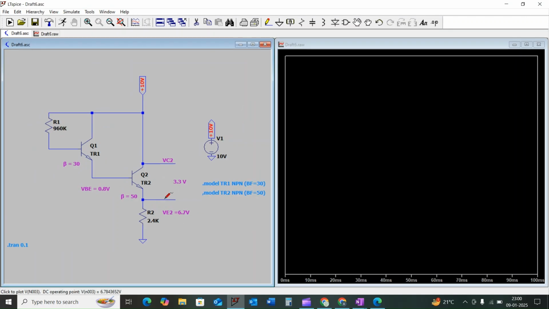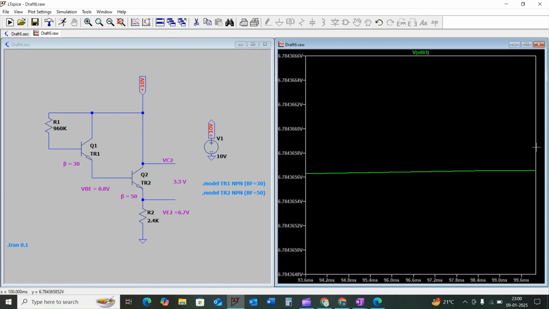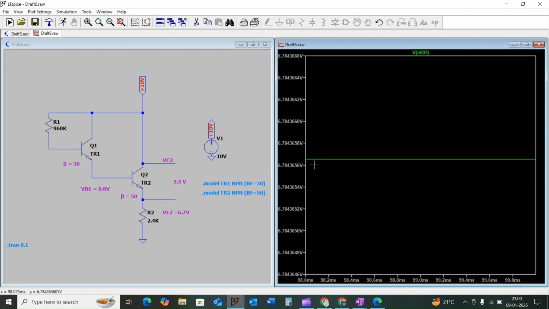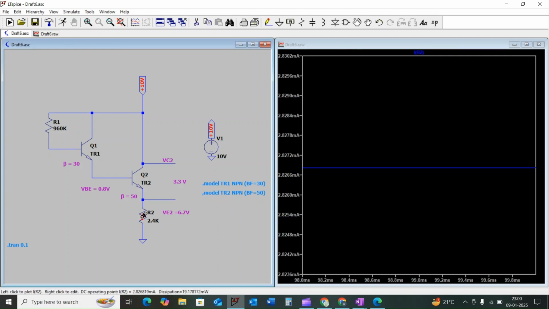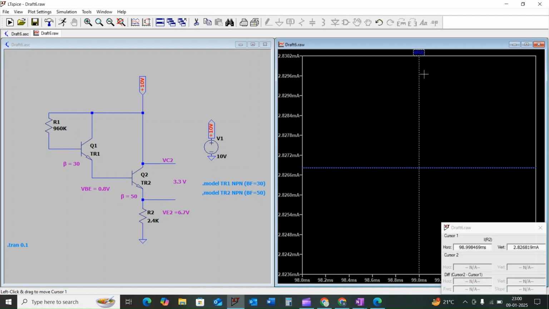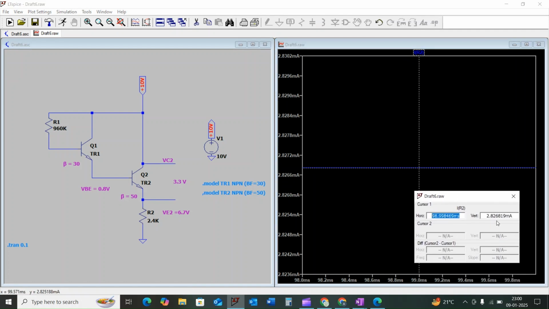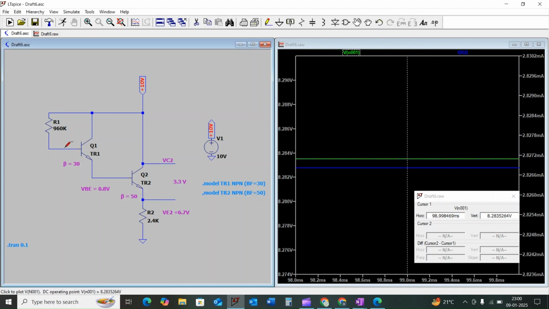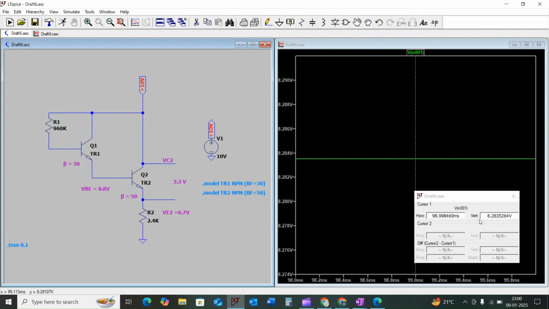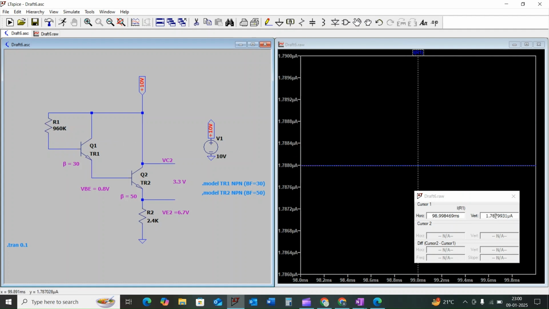Initially, the voltage across the emitter terminal of the transistor Q2, that is VE2, is equal to 6.7 volt, the current across the emitter terminal is 2.8 milliamps, the voltage across the base terminal of the transistor Q1 is 8.3 volt, and the current across the base terminal of the transistor Q1 is 1.78 microamps.